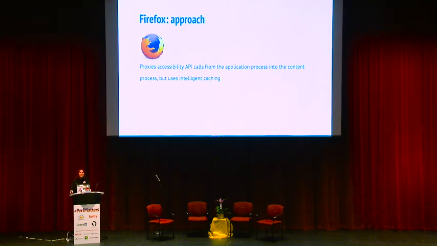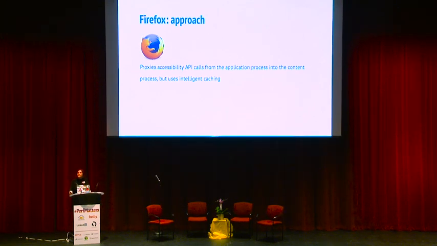Firefox, most recently, has come to the multiprocessing model more fully when it's moved to Quantum, and it's taken a slightly different approach. In some respects, it's taken its lead from Google's initial attempt, and it lets the screen reader sit inside the application process, and it proxies accessibility API calls into the content process.